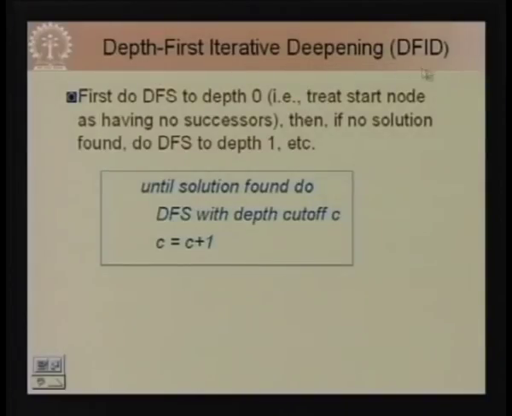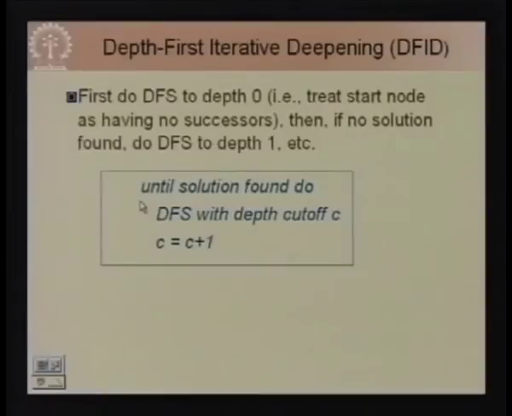Now, if we choose a limit beforehand, a solution may not be found at that depth, and therefore we have a variation of depth first search which is called depth first iterative deepening search. The idea is that we do DFS up to a limit. If we do not find a solution, we increase the limit by 1 and continue. So, until a solution is found, do DFS with depth cut of C, then we put C equal to C plus 1 and so on.